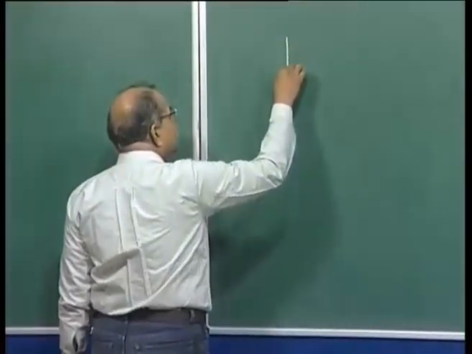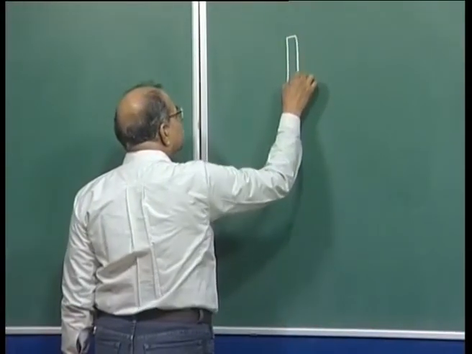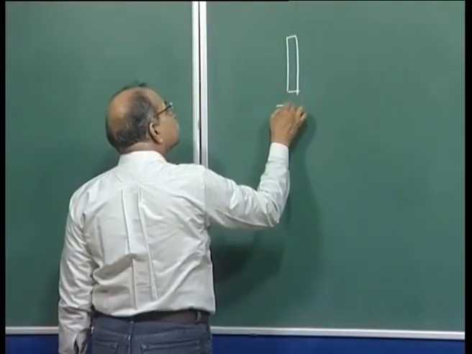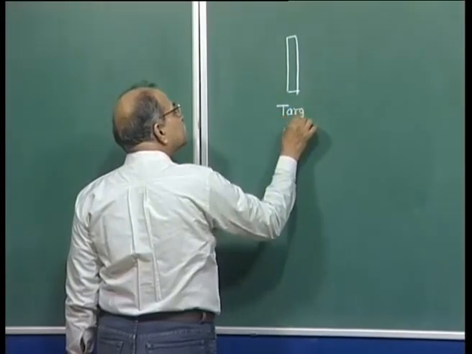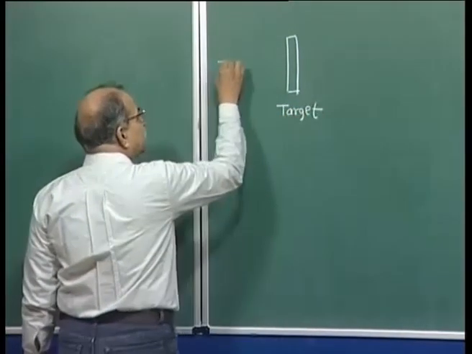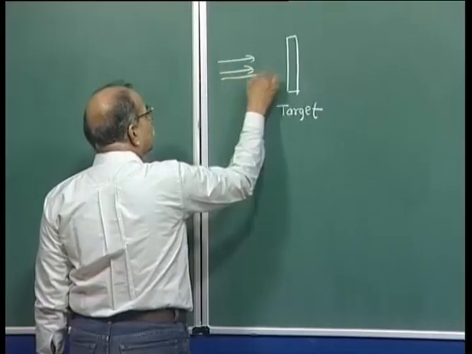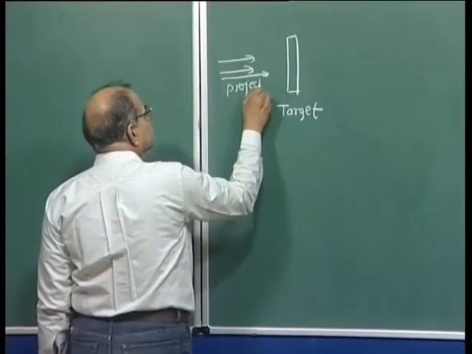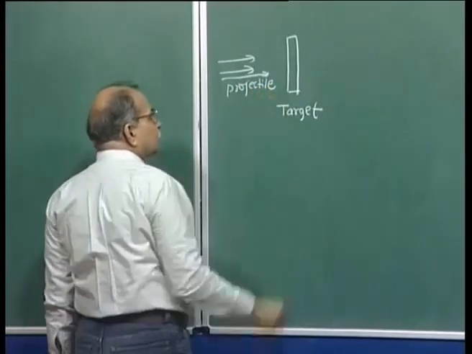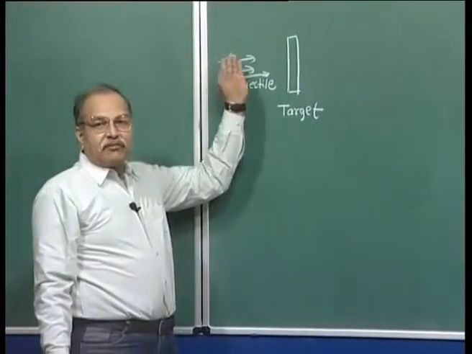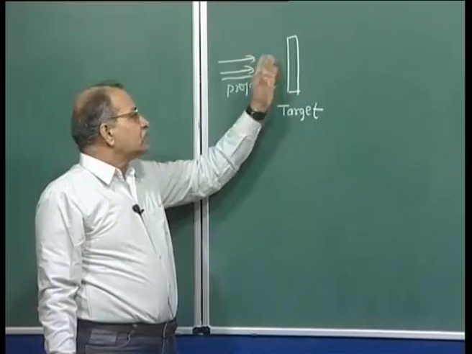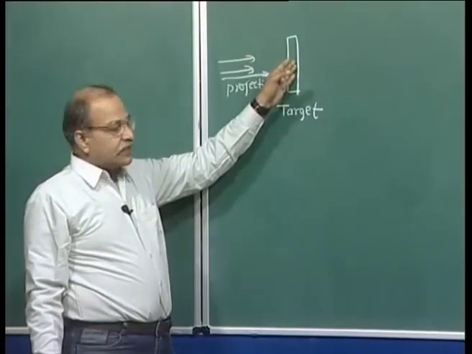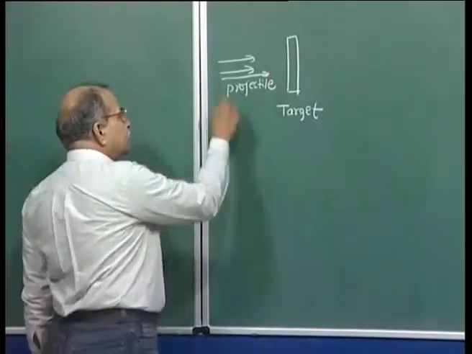You have some kind of material which you call target, and then you send a beam that you call projectile, normally a parallel beam of projectile particles, and they hit this target material, and energy is controllable.